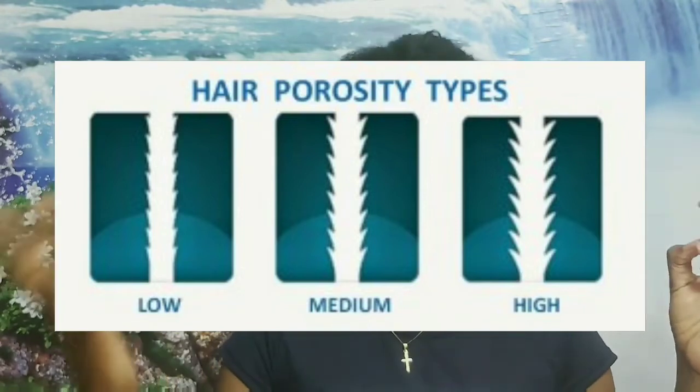It blocks moisture by not letting it enter. It's difficult for moisture to actually enter into your hair, which causes buildup of products in your hair and all of those. We'll be talking about those later. And once it finally gets a way to enter, it's difficult for it to leave. So it traps it, thereby retaining moisture.